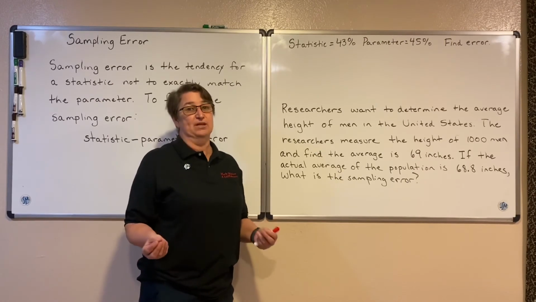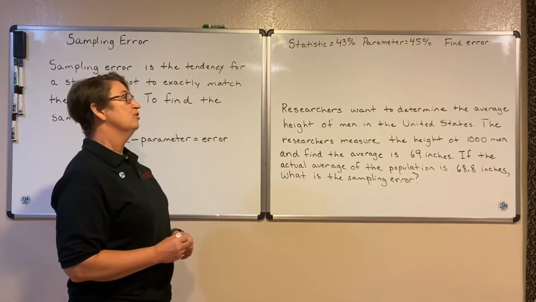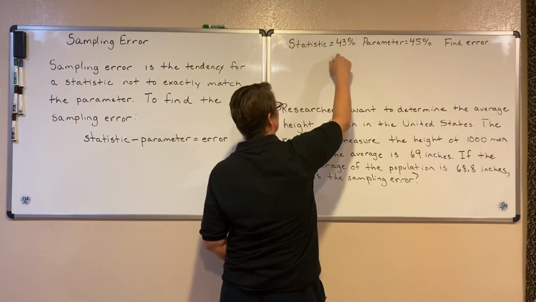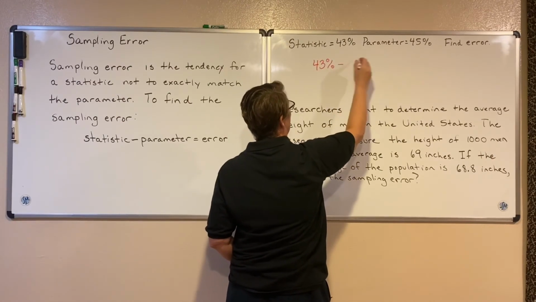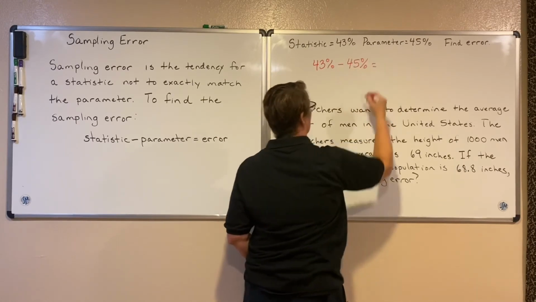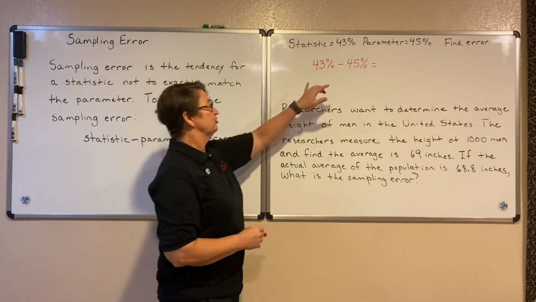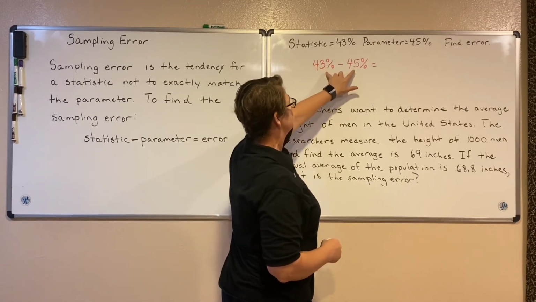It just happens that your sample sometimes is not exactly the same as the population. So to find that, we take our statistic, that 43%, and we subtract the parameter of 45%.